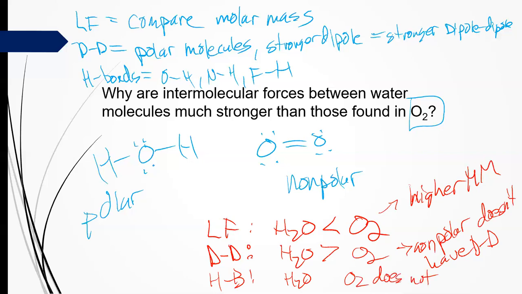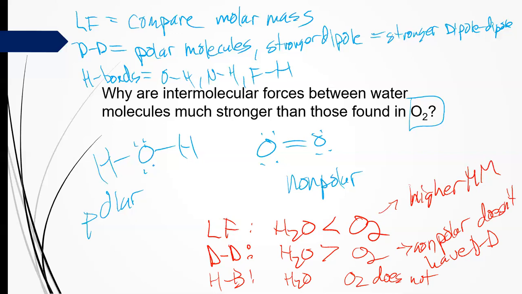And so if we wanted to compare our intermolecular forces, even though O2 wins in London forces, our London forces are our weakest forces. It's not until we get to a very large molecule where we have enough London forces to overcome even only a little bit of a dipole.